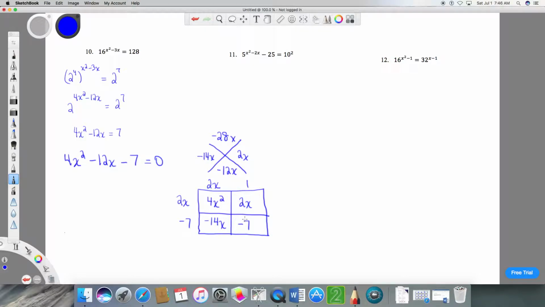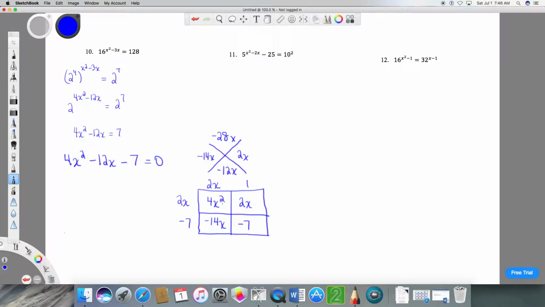Now I can check real quick to see if I've made any silly errors. 2x times 2x is 4x squared, 1 times 2x is 2x, negative 7 times 2x is negative 14x, and 1 times negative 7 is negative 7. So I haven't made any type of silly error.